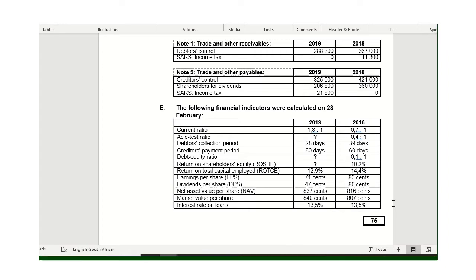So that is also indicating that they are not getting enough profit on their operation, and it's costing them more money in terms of loans, 13.5%, than what they're making. So they will have to make a plan to make better profit.